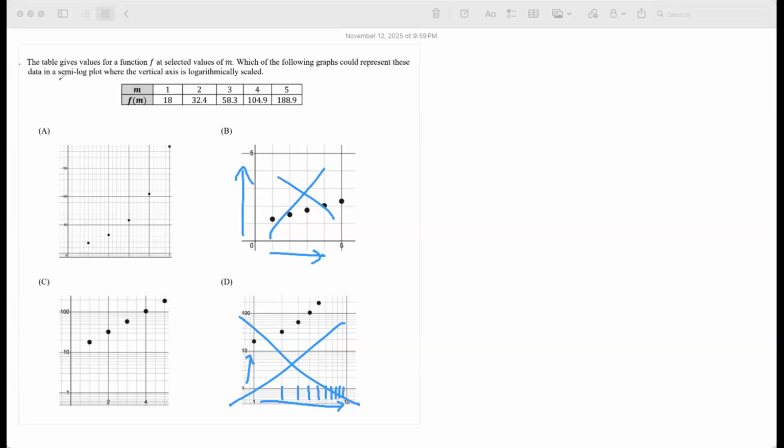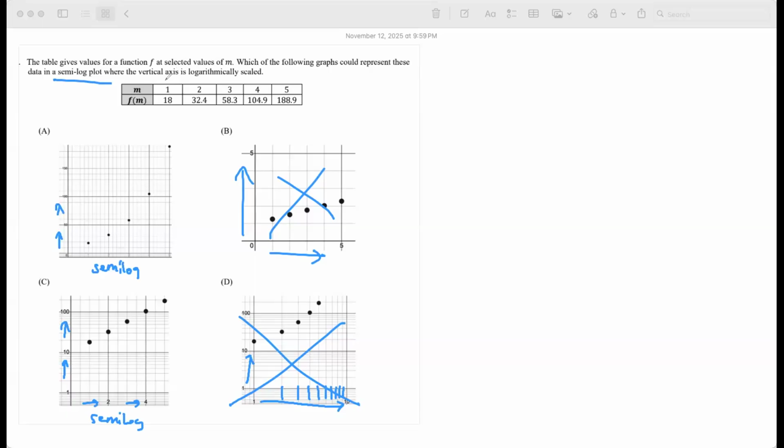Whereas they've clearly given data, we have to identify which is a semi-log plot first. Here, when you think about it, this is a semi-log plot. Why? This is also a semi-log plot. Why? Because the x-axis is linearly scaled, the y-axis is logarithmically scaled. Same thing happens here. Selected values of m.